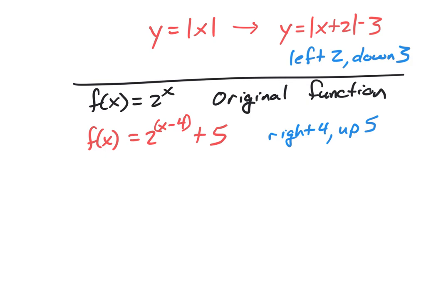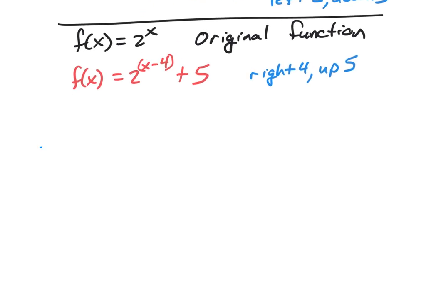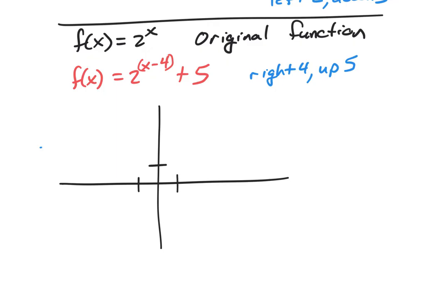Can I use my calculator to get some points? No doubt about it. But what are some things that we're going to be watching for? So what I think would be the best is I'm going to graph the original function.